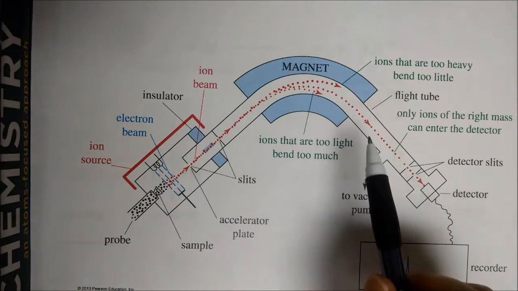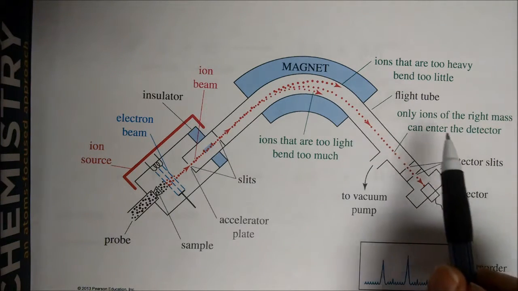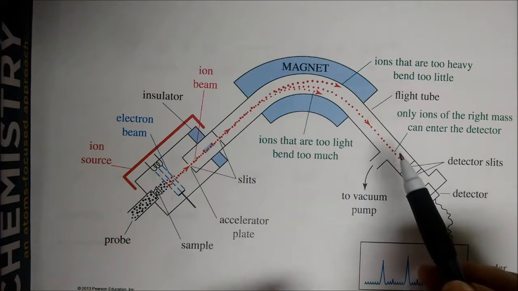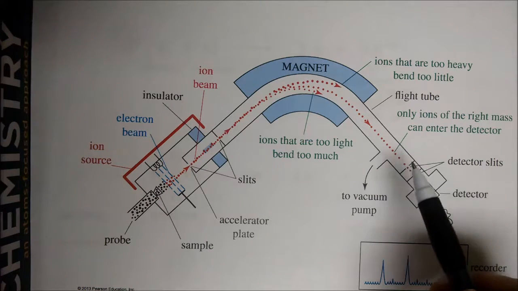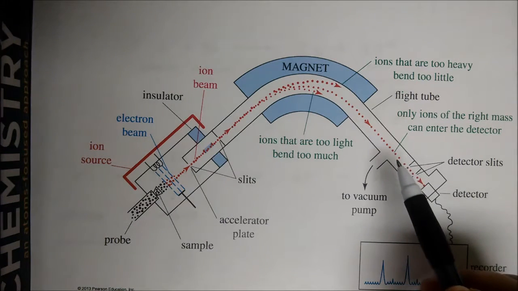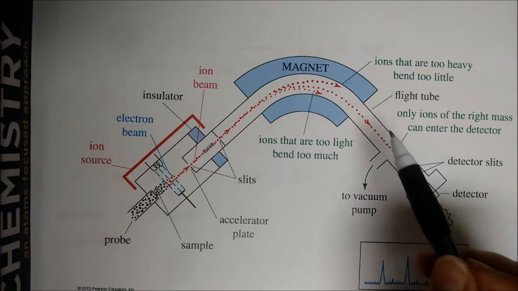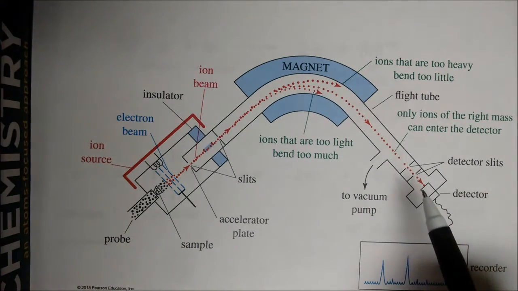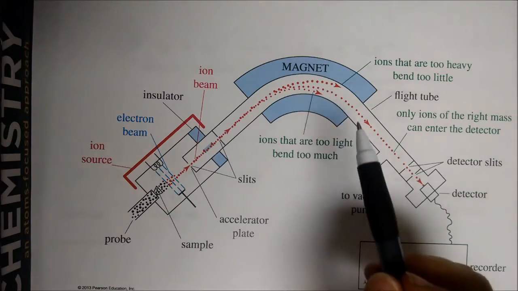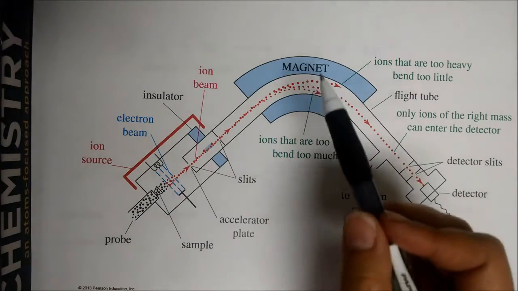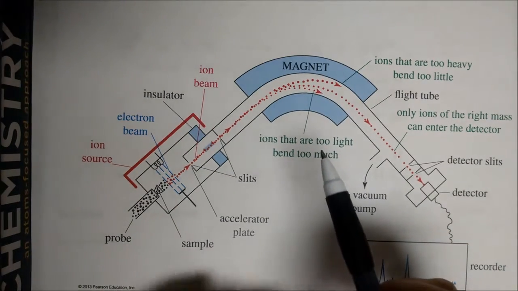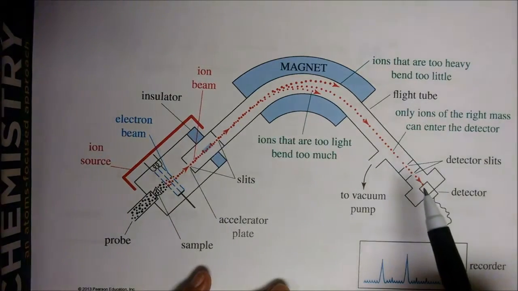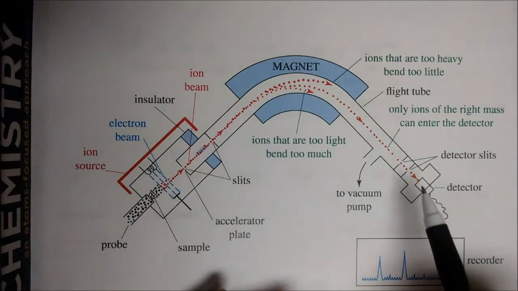Only the ions of the right mass make it around that bend, and we can change the range of masses by changing the magnetic field. And we detect the ions that we want.